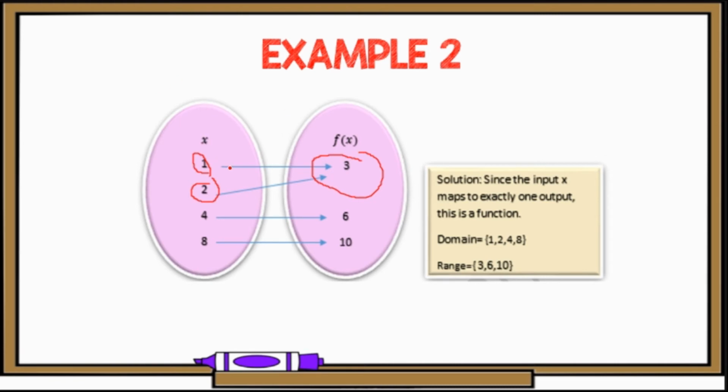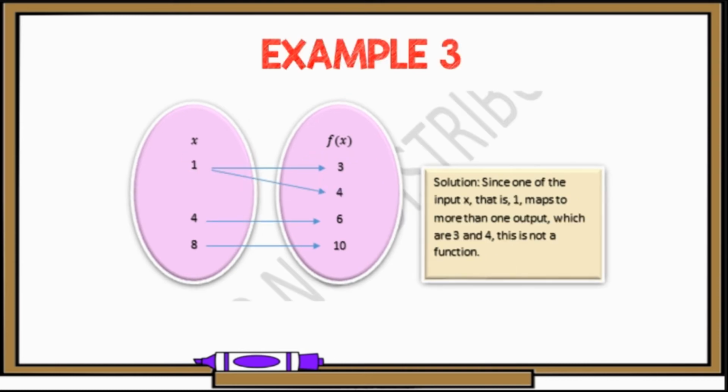Although they are sharing the same element in y or f of x, still they are mapped to exactly one element in the range. So this will still qualify as a function. For the domain, we have 1, 2, 4, and 8. And for the range, we have 3, 6, and 10.